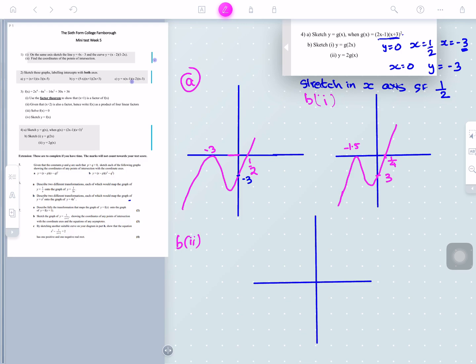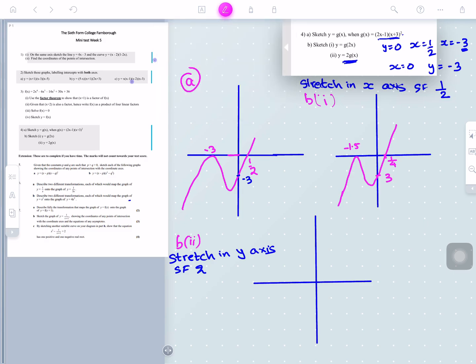Here, if you look, it's 2g(x), a stretch in the y-axis, scale factor 2. Okay, so take a different color pen.